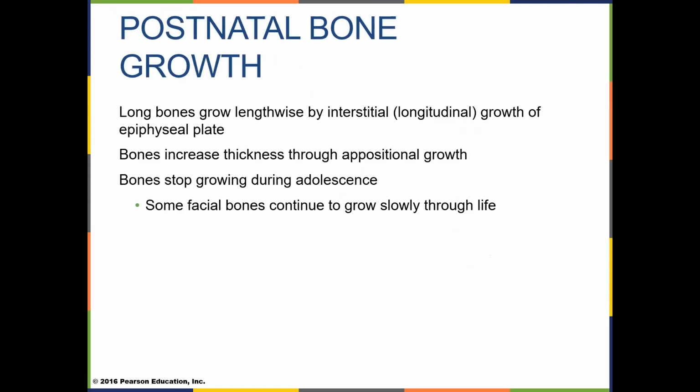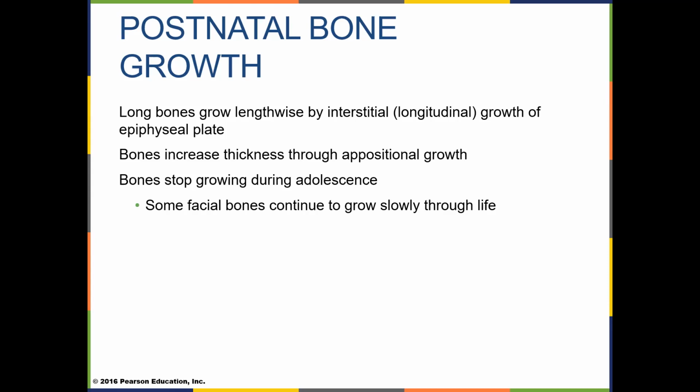Once we reach our adult stature, longitudinal growth stops. Longitudinal growth is the up and down, the vertical growth that we see, the long bones lengthening, if you will. Once that stops, all we have now taking place is what we call appositional growth.